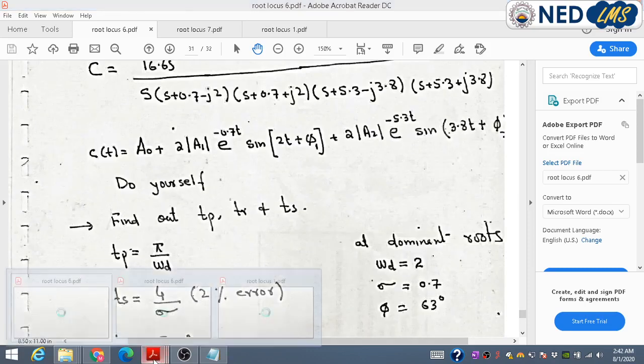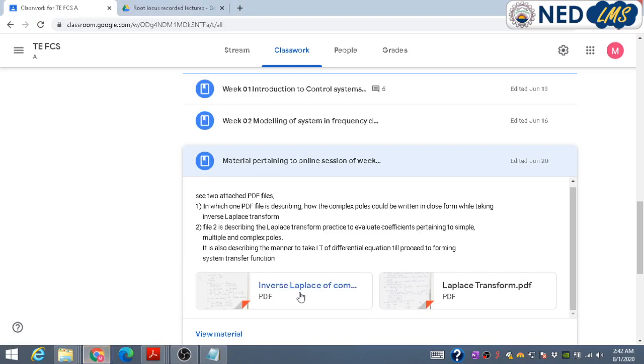I have already shared a PDF document with you in which I have explained how to take the inverse Laplace transformation of a given transfer function in the S domain.